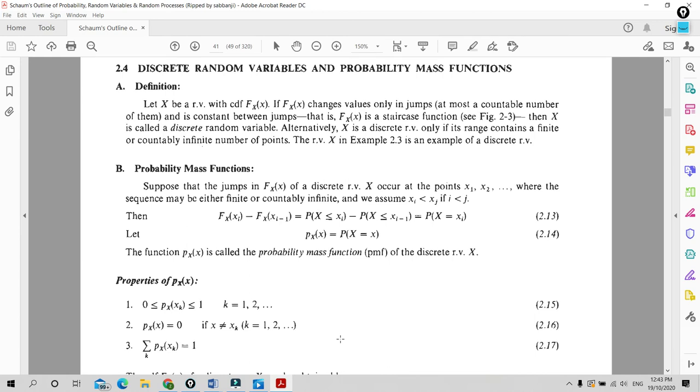Now, the probability function can be divided into two. So we go to the discrete random variable.